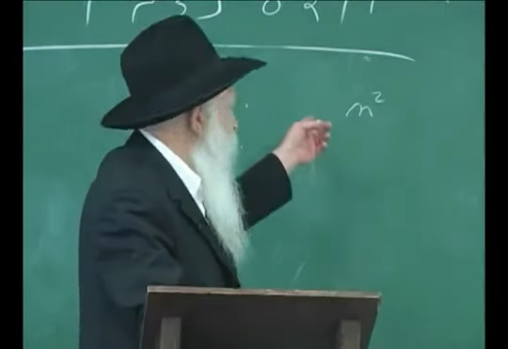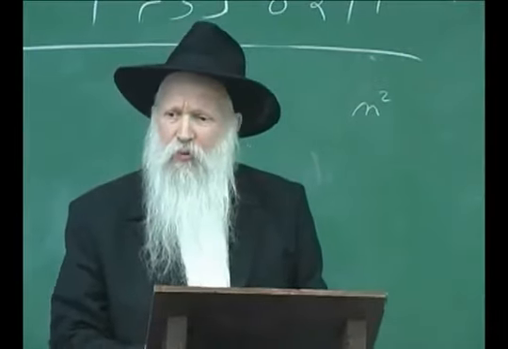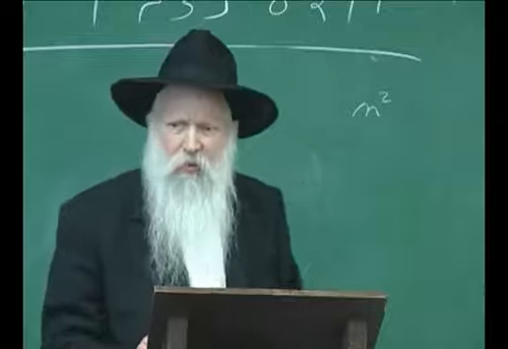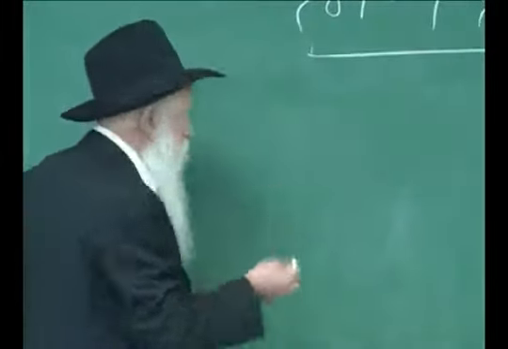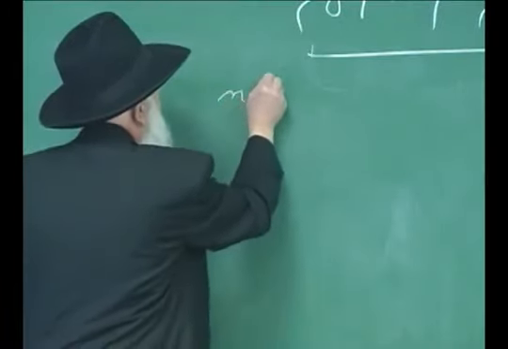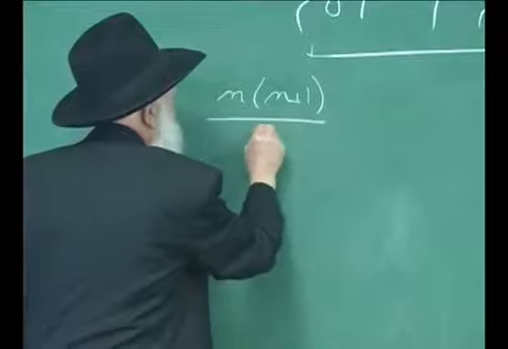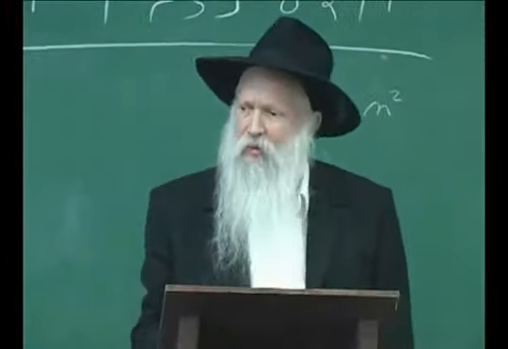The reason I began with the square is that this algebraic expression is much more familiar to us. We should all know what n squared means. But a triangle has a different expression. I'll still use n: n times n plus 1 over 2. This in mathematics is called a triangular number.